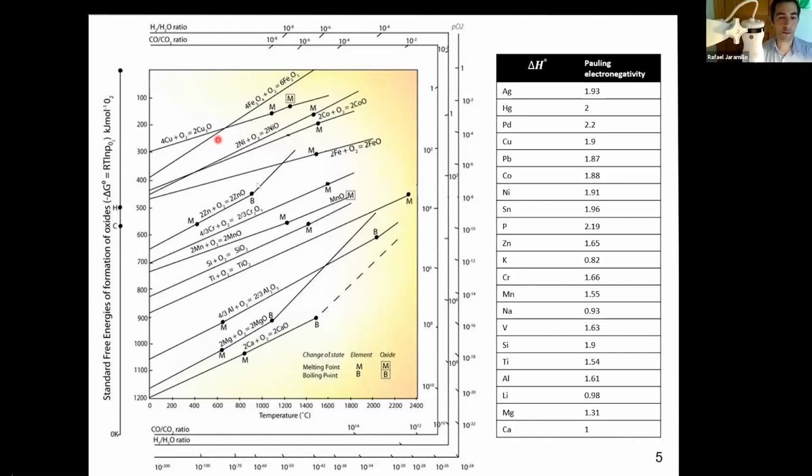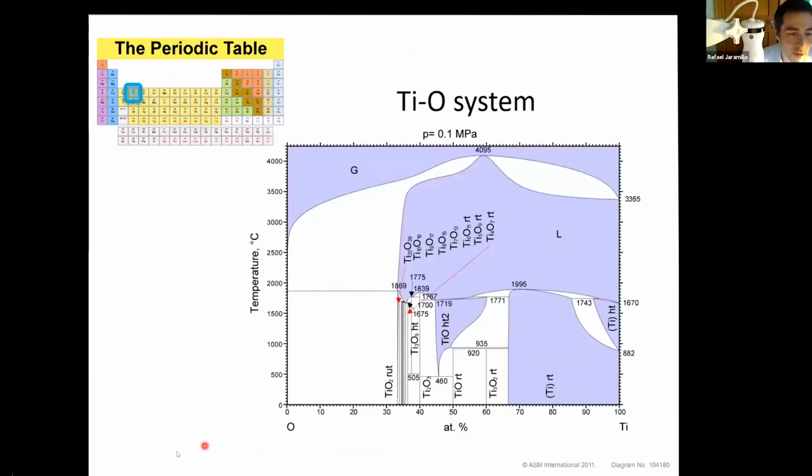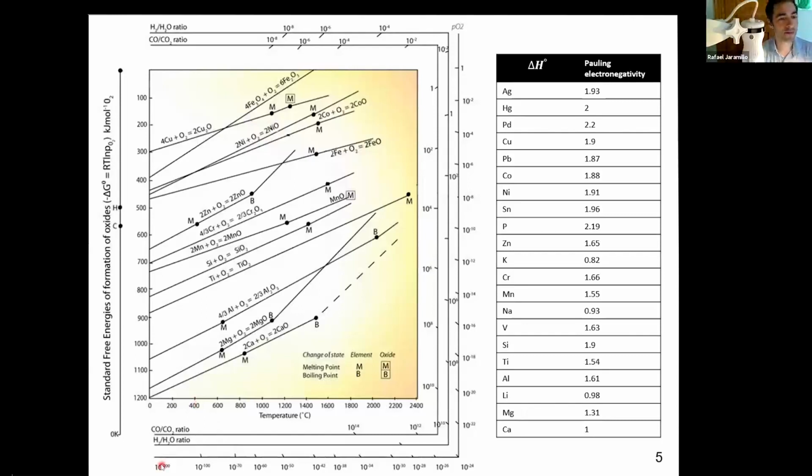I want to point out one more thing, which is the PO2 scale. And you see it's a series of numbers running from 1 atmosphere to 10 to the minus 200 atmospheres. Each of these numbers has a little tick mark, and the tick marks all point towards the origin. You see these tick marks, they're at different angles. Why is that? Because it's asking you to imagine a series of straight lines connecting the origin to those values.